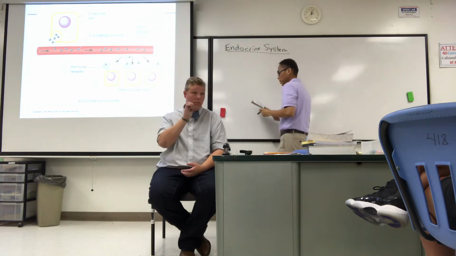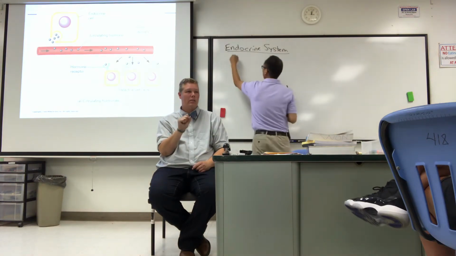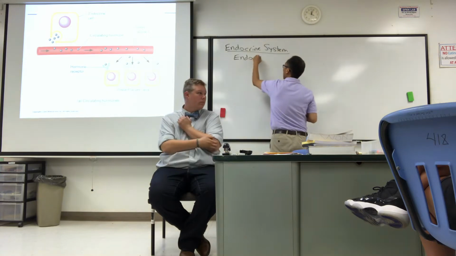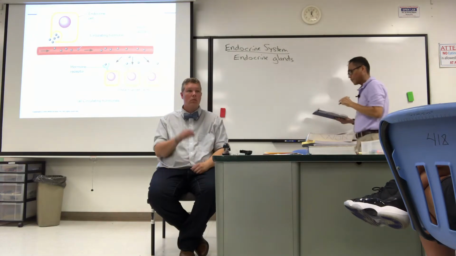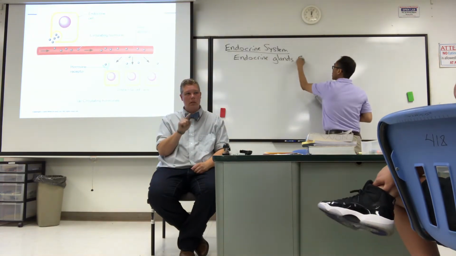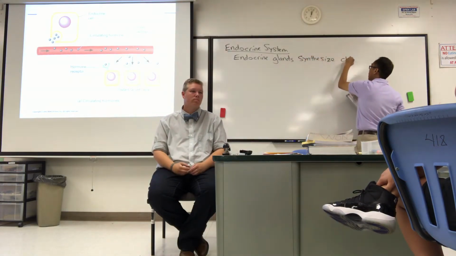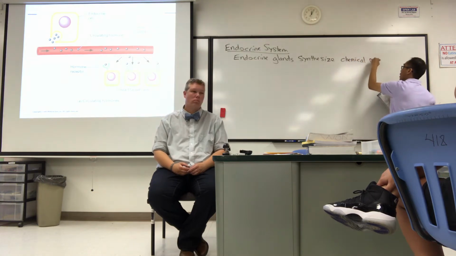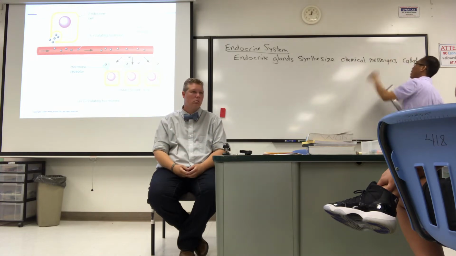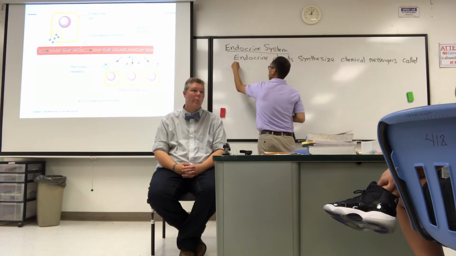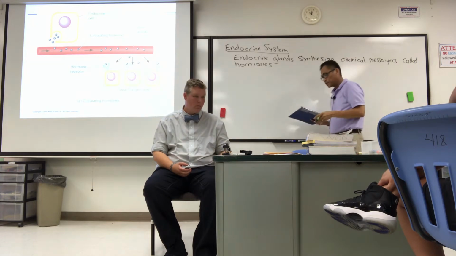The endocrine system consists of endocrine glands, or a cell, which is pictured. Endocrine glands synthesize chemical messengers called hormones, which are secreted into the bloodstream.